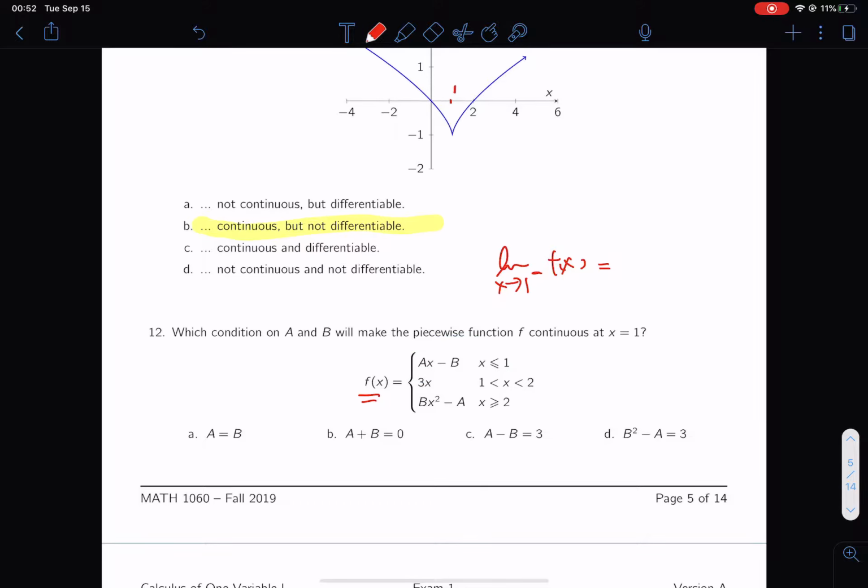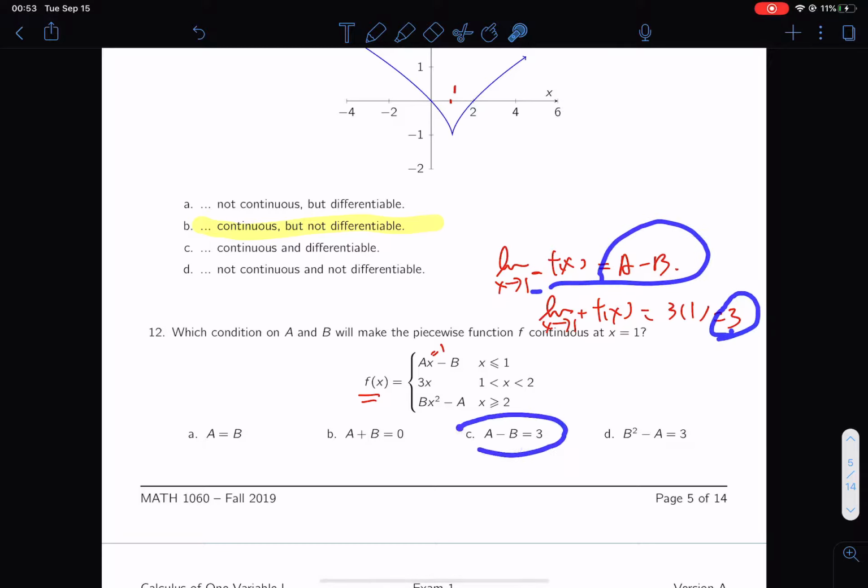As x is equal to 1 it is A minus B. And for the right side limit as x approaches 1 plus of f of x, we have to use this one. That is 3. So in order to make it continuous, the left side limit A minus B must be equal to the right side limit. So that is C.